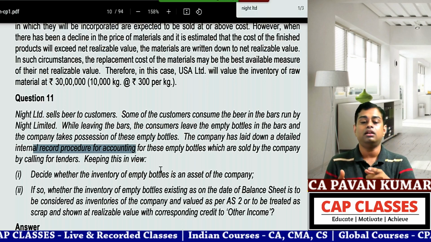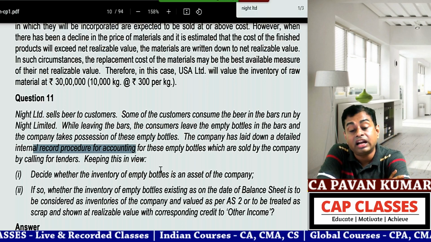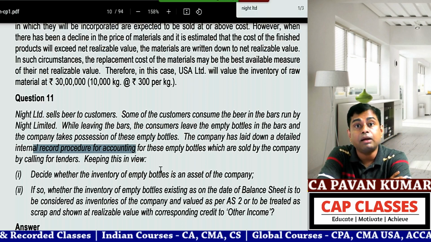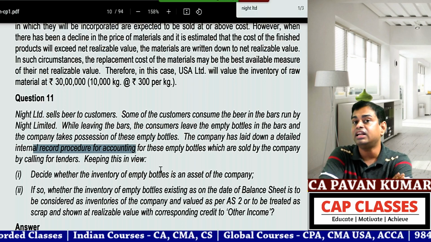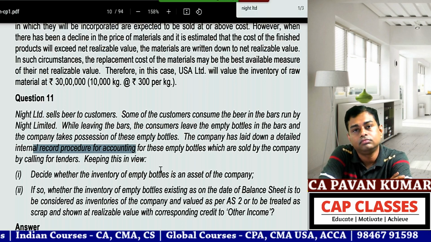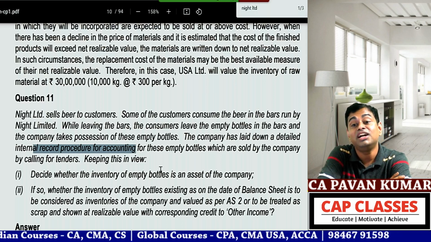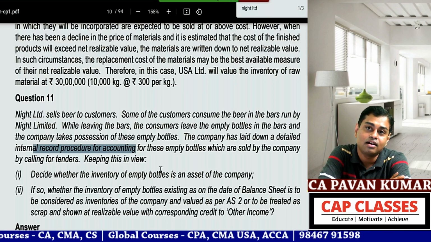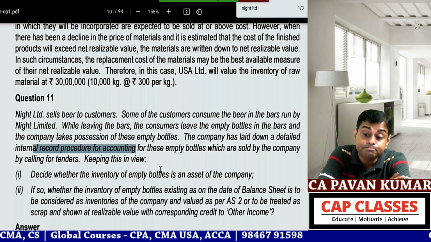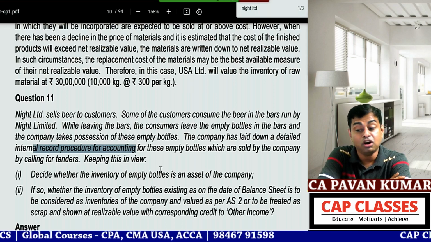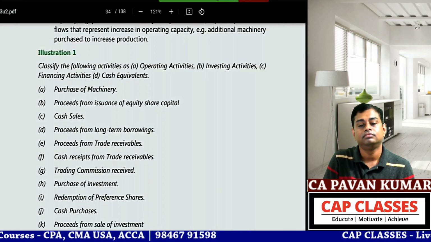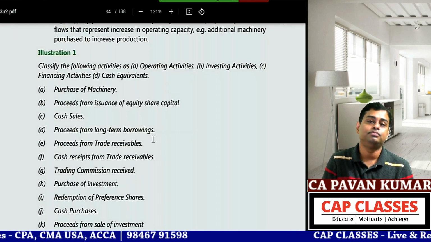If it is not material, why are you keeping records for that? Detailed records are maintained means it is significant income for you. You cannot just say that it is scrap. Surprisingly, Accounting Standard 2 is to be applied. Super, no? Accounting Standard 2 is to be applied. And it is not other income, it is operating income. So like this 105 questions are there.